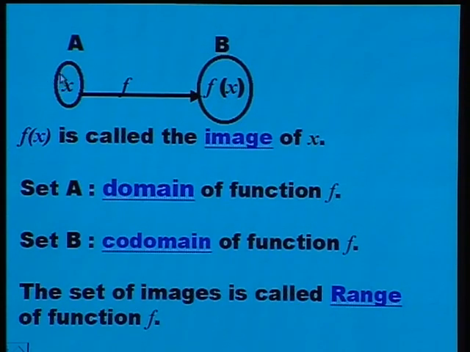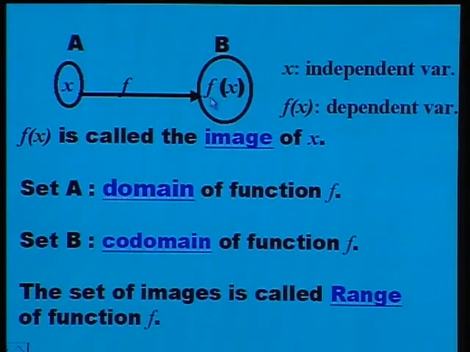So the set A would be referred to as the domain, set B the codomain. f(x) itself is an image. The set of images would be referred to as the range of the function. So these are the variables, the sets that we will use. We also refer to x as the independent variable and f(x) as the dependent variable.